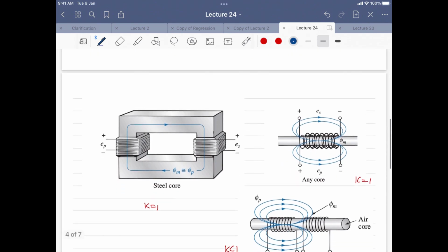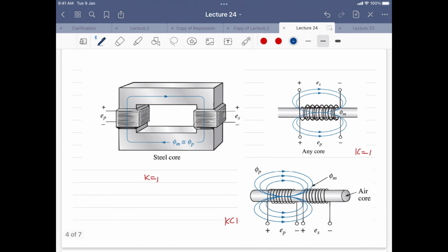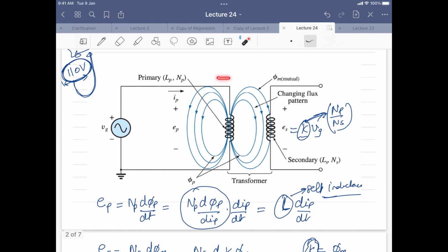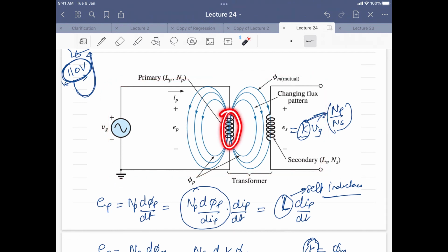So let me show you some diagrams here, which give you different types of couplings. Like you will have K equal to 1 in this case. Here you have this inductor, and another one is this inductor, a real inductor shown over here. In this particular circuit, the interaction between this inductor and this inductor is only air.